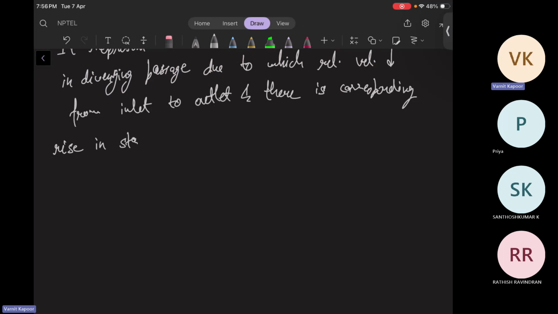Why static? Because the diffuser always remains at static condition. The diffuser doesn't move, only the impeller moves.